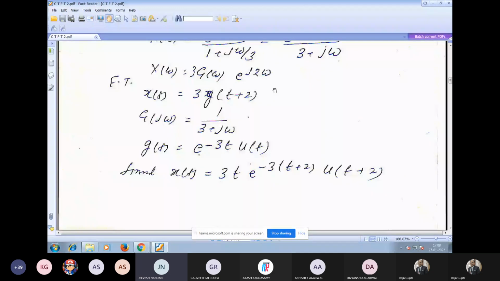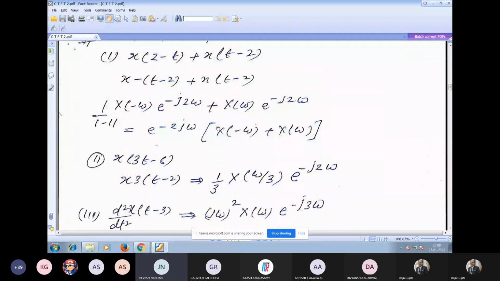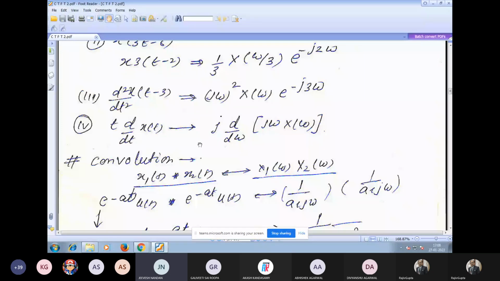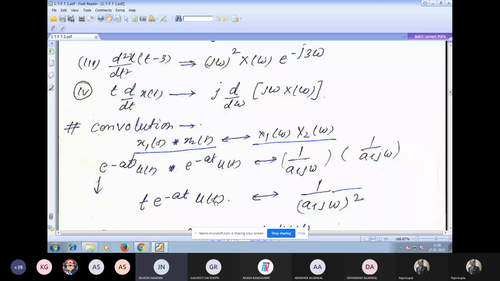Now we have some numericals. Now the next important property is the convolution. Whenever you talk about the convolution in the time domain, you have to use the integration. Something like if I want to convolve x1(t) with x2(t), I have to write minus infinity to infinity x1(tau) x2(t minus tau) d tau.